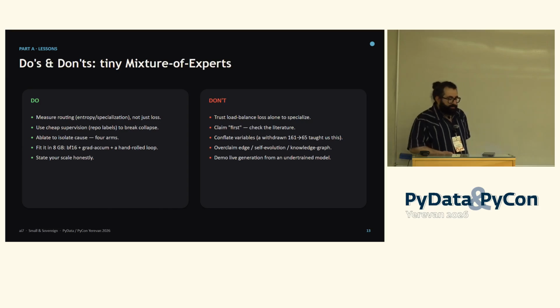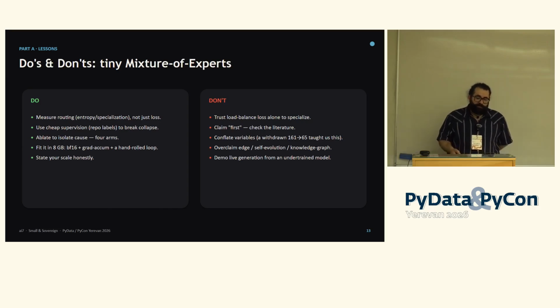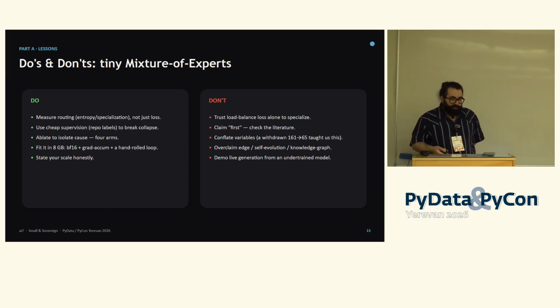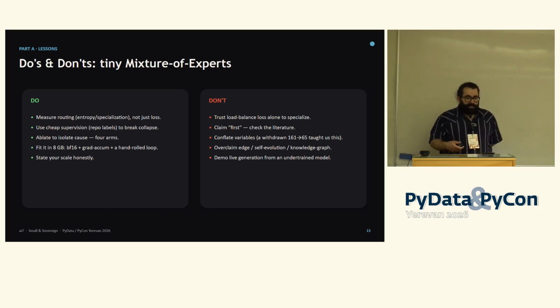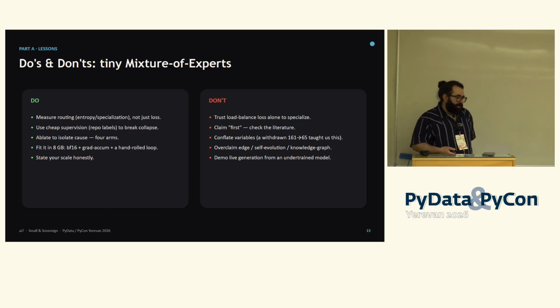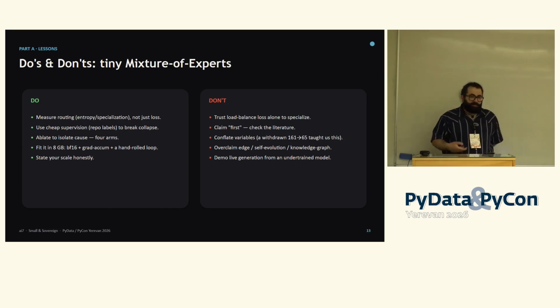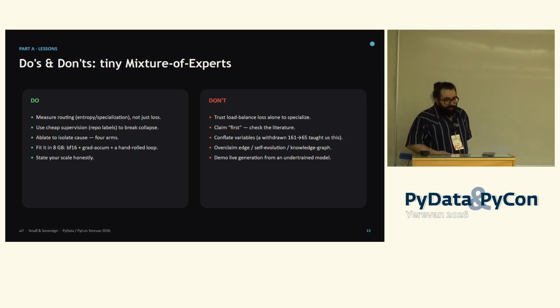We can just use cheap supervision, for example, we use repo labels to break the collapse, and we decided to isolate the cause to understand what produces a better, stable, usable result.